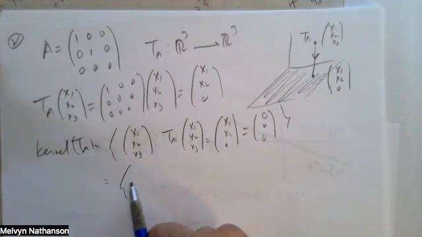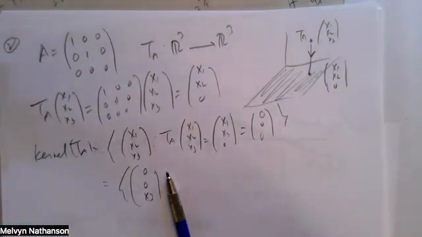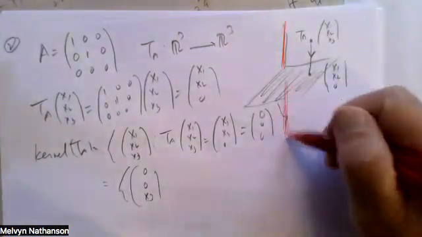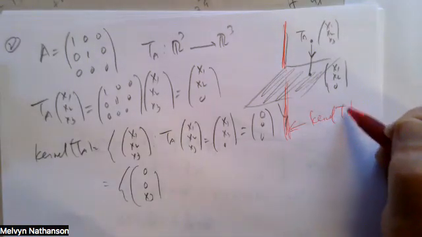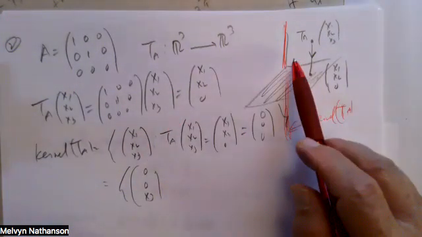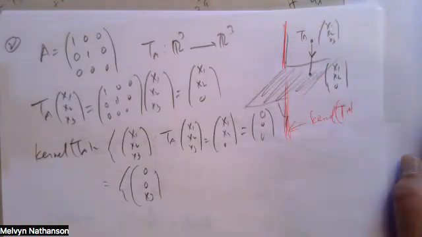So it's all vectors 0, 0, and x3 can be anything. And what is that? That's the z-axis. That's the kernel of T sub A. A vector projects onto 0 precisely when it's on the z-axis or the x3 axis.